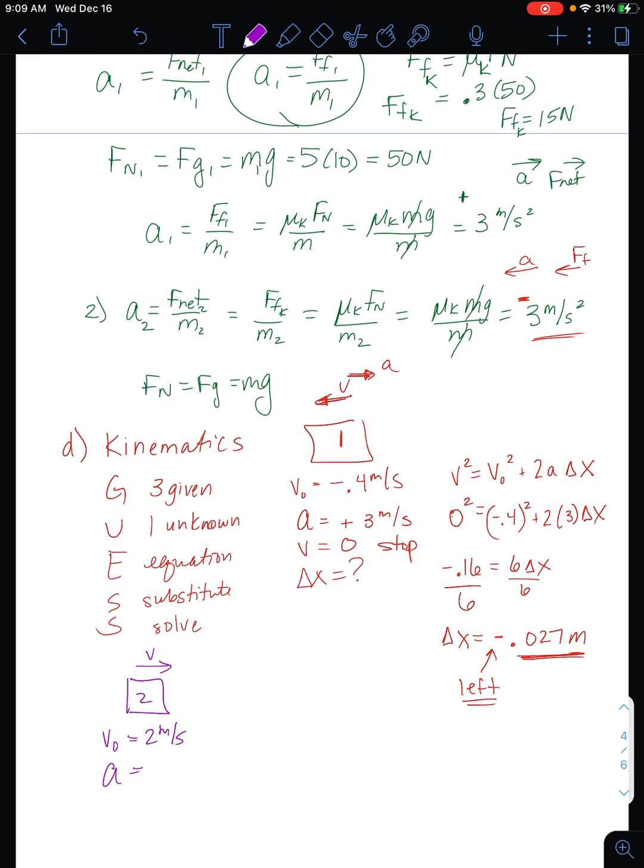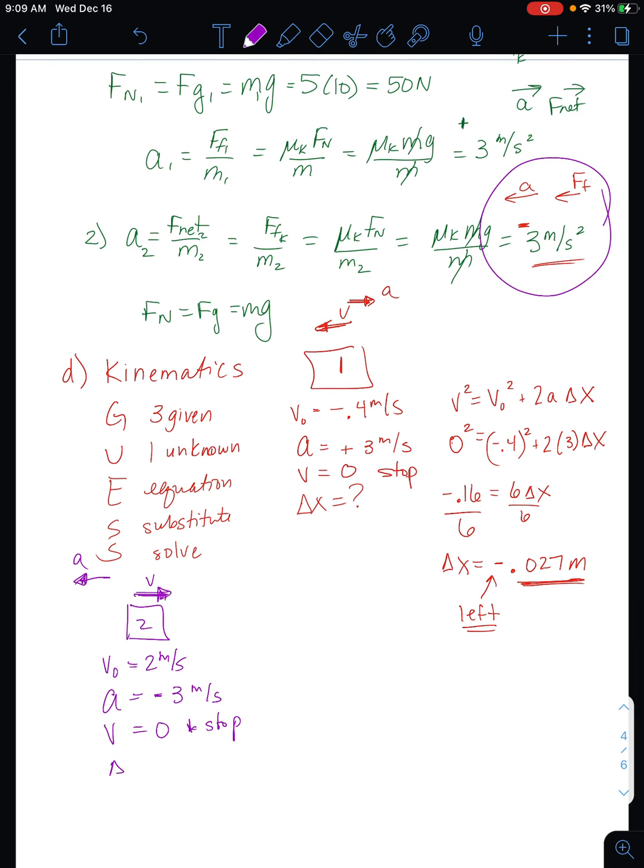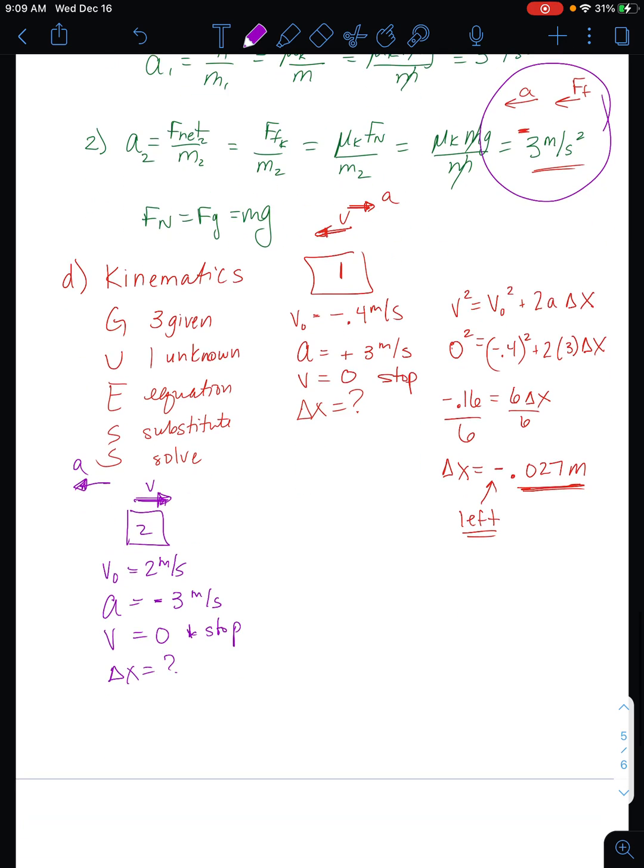The acceleration for block 2, we said, was negative 3 meters per second squared, because while it's moving to the right, the acceleration is to the left, in the opposite direction that it's moving. And so we have that negative sign there. This one is also stopping, so our final velocity is 0 because it's coming to a stop, and we're trying to solve for delta x.